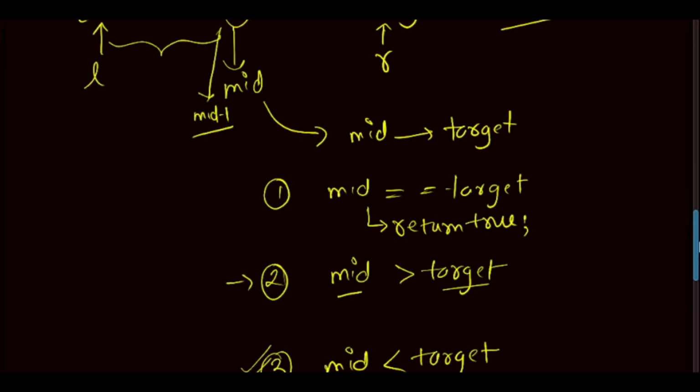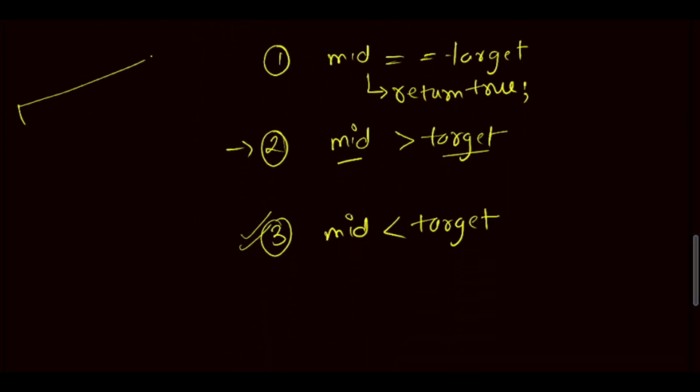So what we do is, let's say you're looking for an element and this is mid, this is L and this is R. Now let's say you're writing code for the second case, when your mid is greater than the target. So the target should lie now in the range from L to mid minus 1.